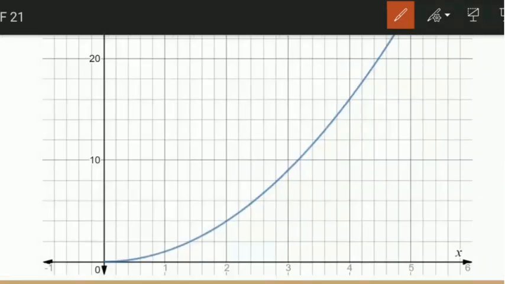But here we have a curved graph, it's not a straight line. So how do you think we can find the slope of this graph? For example, let's take a point here and try to draw the tangent. It's not exact, but we are drawing a tangent and we find theta, and we can find the slope at this point.